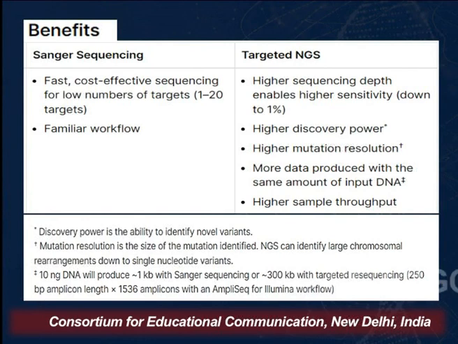However, targeted NGS, as we said, has higher sequencing power, higher discovery power, it is a very deep sequencing, it has higher reproducibility, it is high throughput sequencing, and it requires very low amounts of DNA or RNA. So we have already discussed the advantages or the benefits of next generation sequencing.